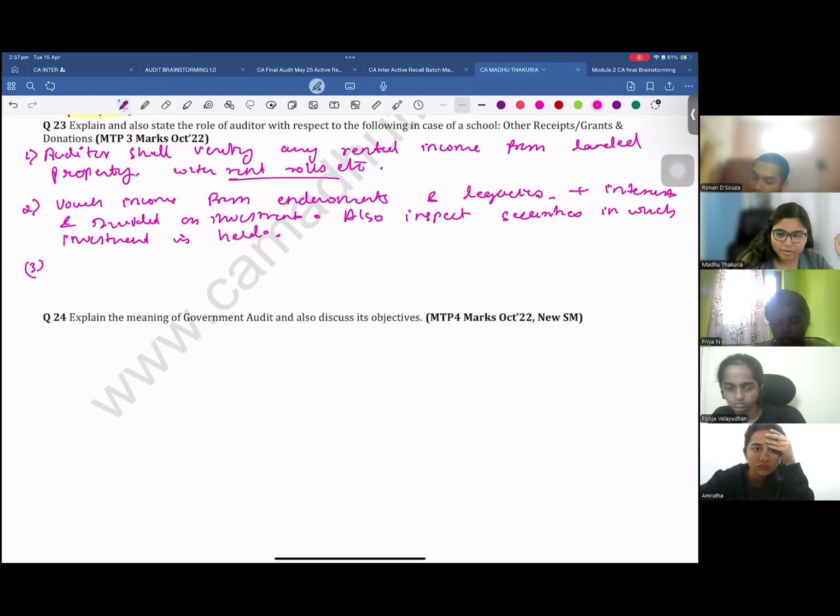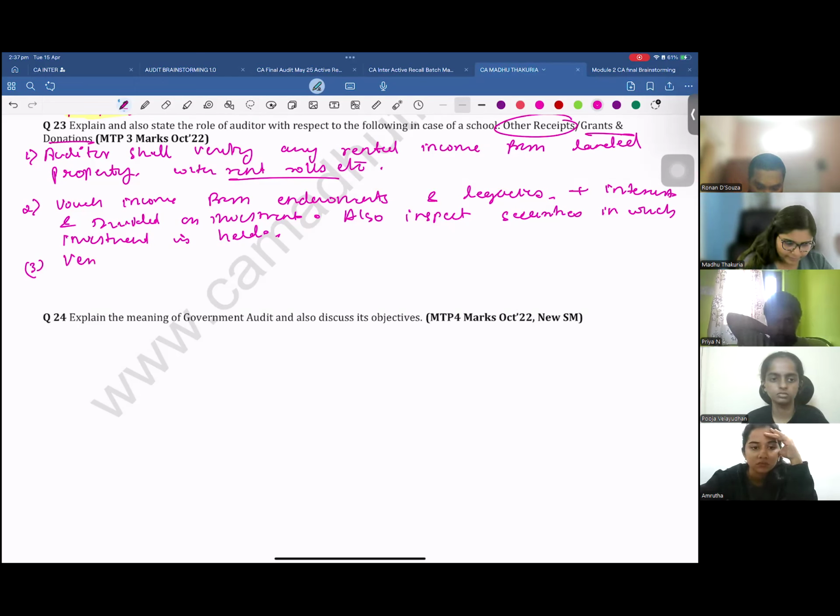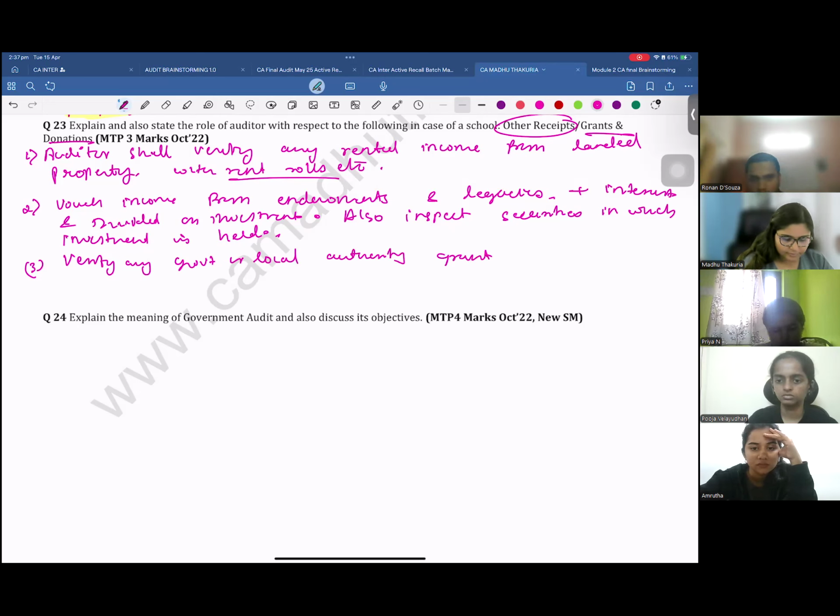So this is talking about other receipts, grants and donations, right? So verify any government or local authority grant with the memo of grant.